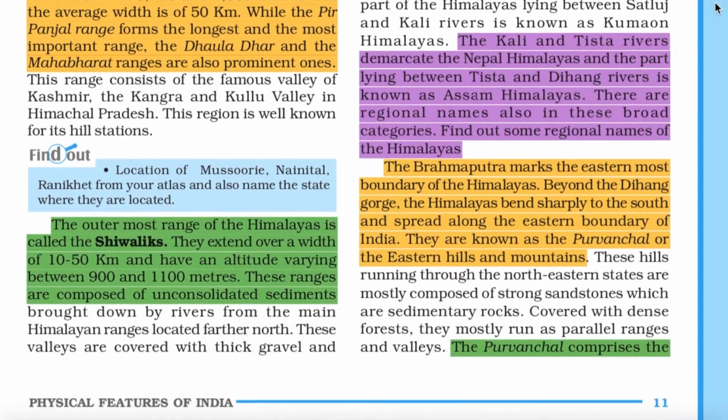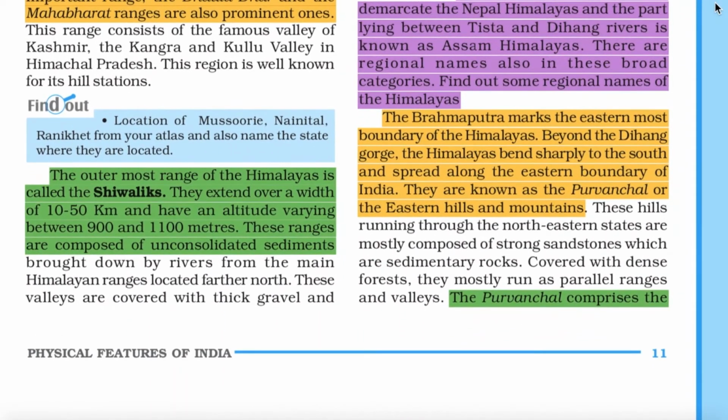The Brahmaputra marks the easternmost boundary of the Himalayas. Beyond the Dihing Gorge, the Himalayas bend sharply to the south and spread along the eastern boundary of India. They are known as the Purvanchal or the Eastern Hills and Mountains.